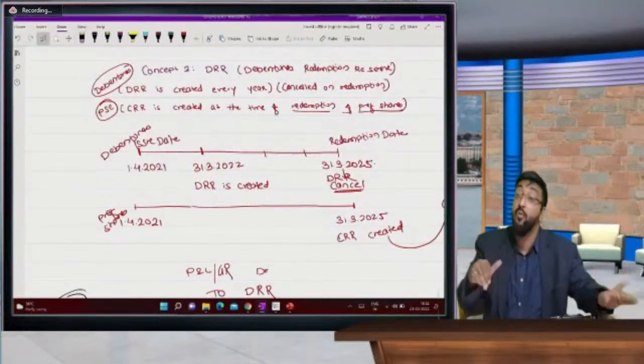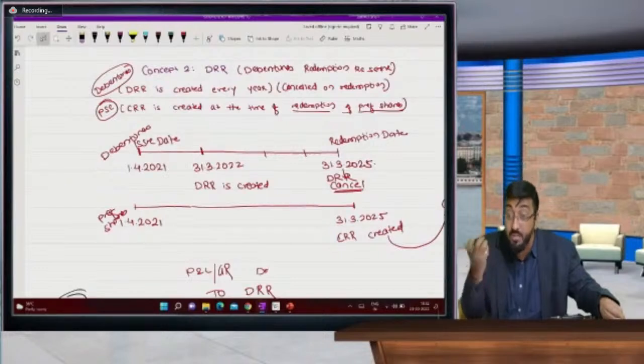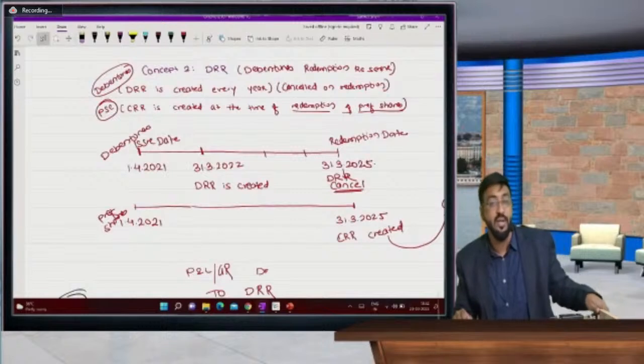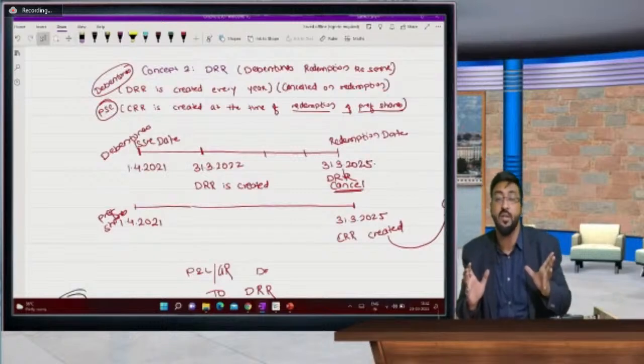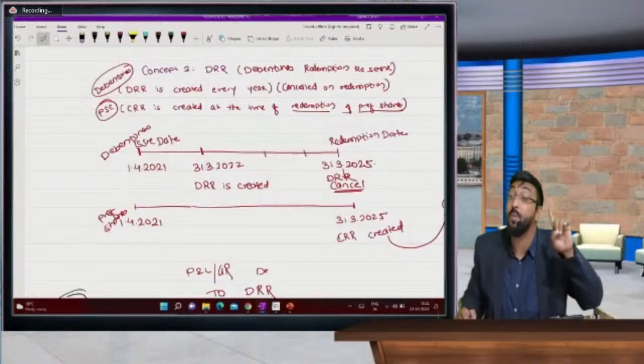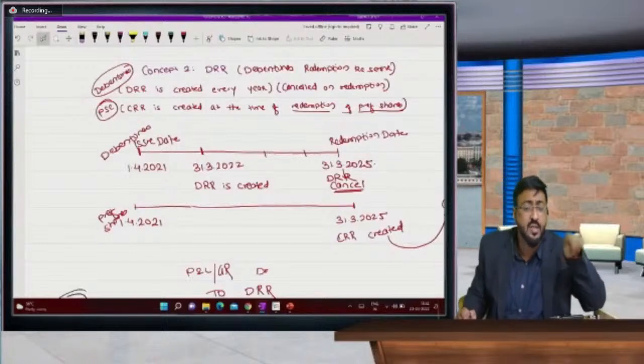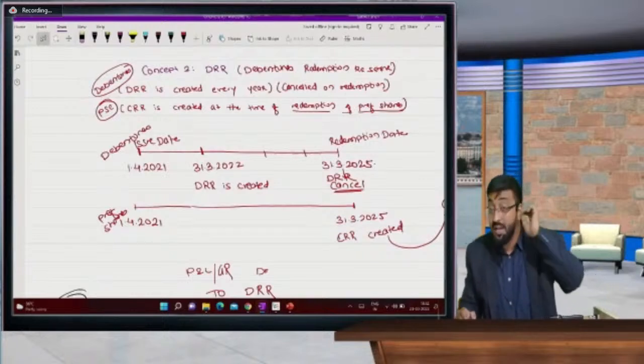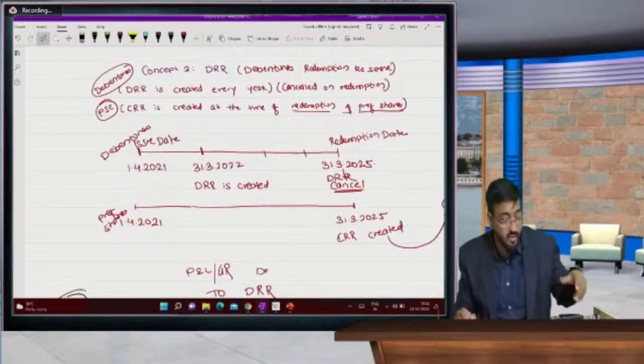Yes beta, when you are creating CRR on the redemption date, at the same time DRR is getting cancelled on the redemption date, so the purpose of the debenture redemption reserve is fulfilled. Sir, what is the purpose of CRR? CRR's purpose is to maintain capital structure. Similarly, what is the purpose of DRR? I am going to explain it in the next point.